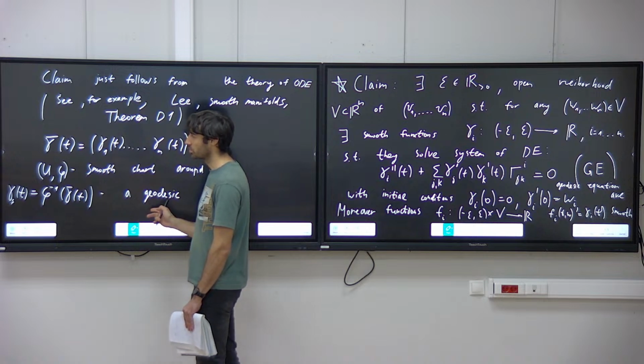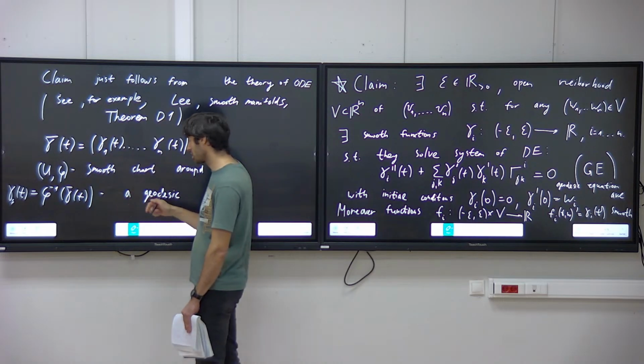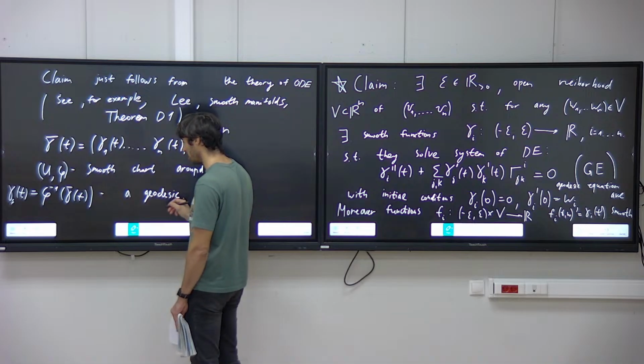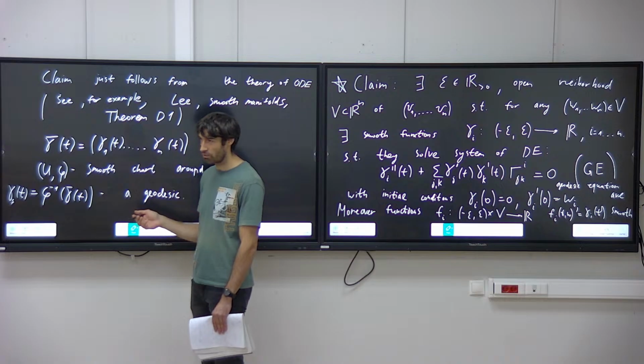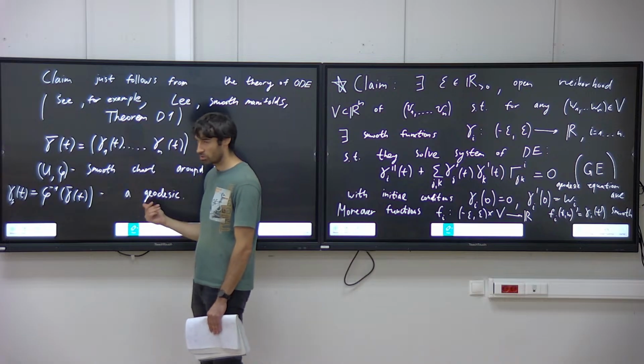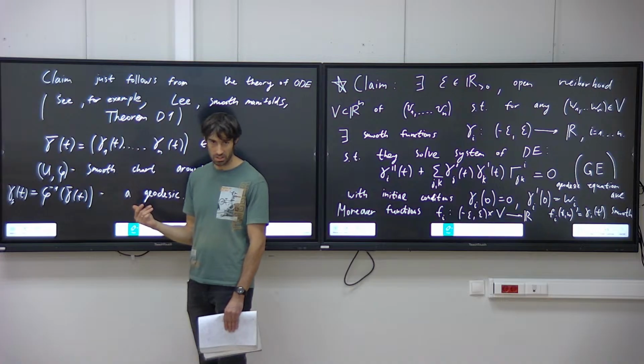So this proves existence of a geodesic, but we need a maximal geodesic. Maximal geodesic just follows from Zorn's lemma, right? Because I have a partial ordering on the set of all geodesics.